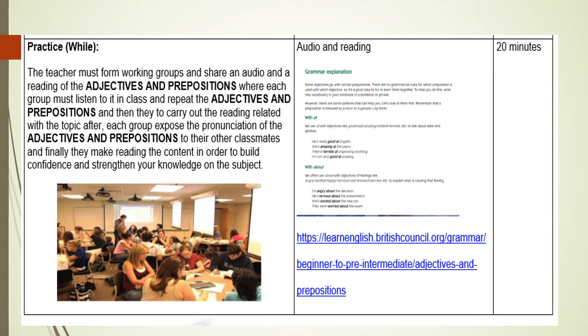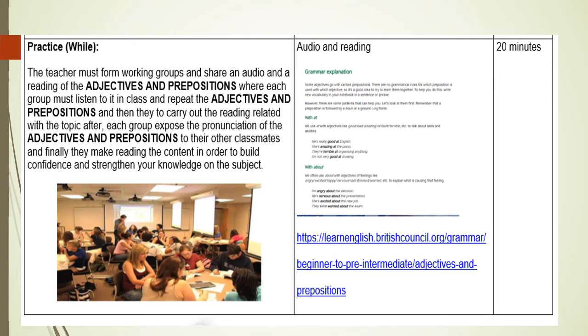The session practice. The teacher must form working groups and share an audio and reading of the adjectives and prepositions, where each group must listen to it in class and repeat the adjectives and prepositions. Then they carry out the reading related to the topic.